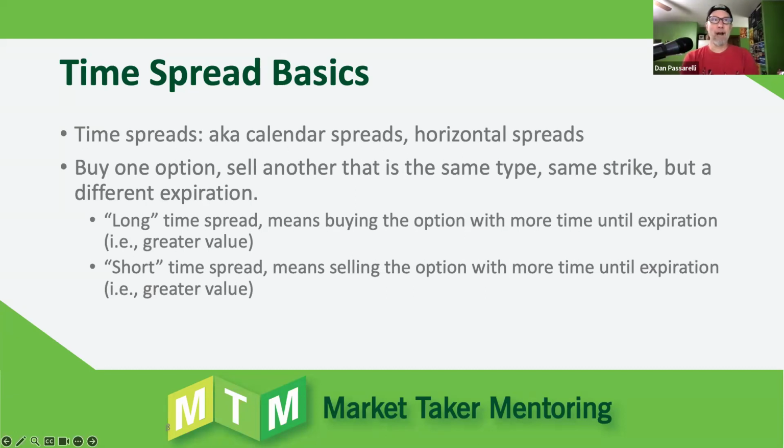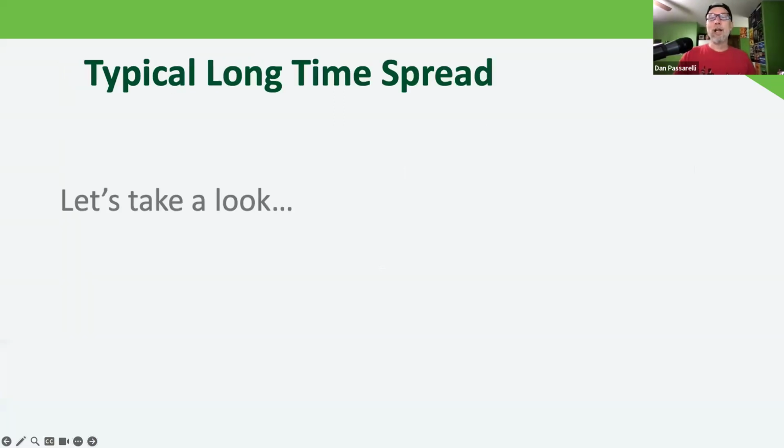They margin the crap out of you for short time spreads, and for good reason, because if you hold it and you let the long-term one expire, or excuse me, you let the short-term option expire, then you're left with a naked short option, and they don't like that. So we're going to talk about long time spreads. Let's take a little look-see.